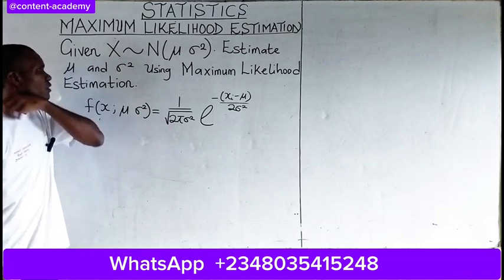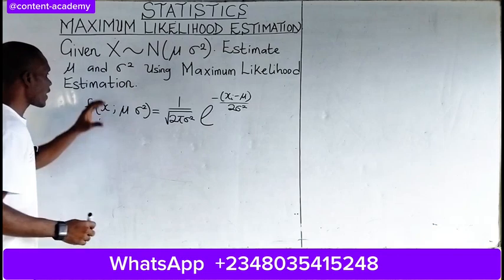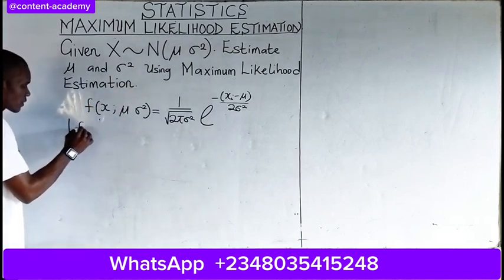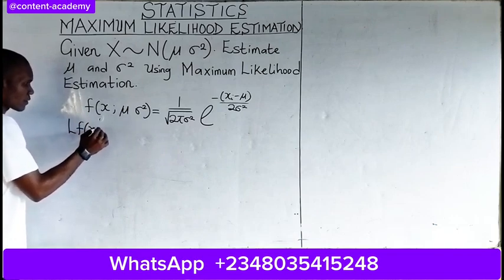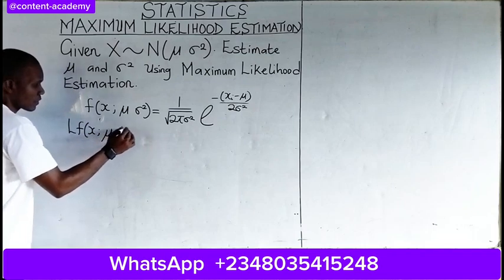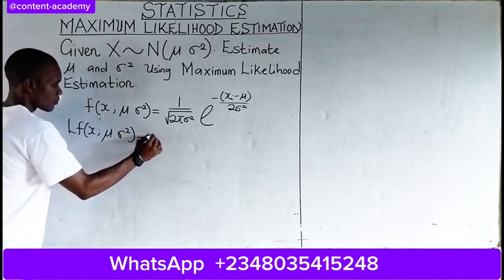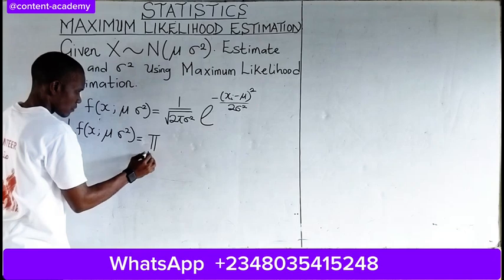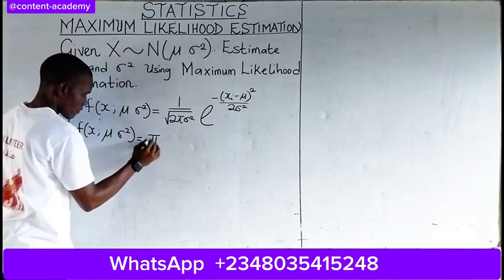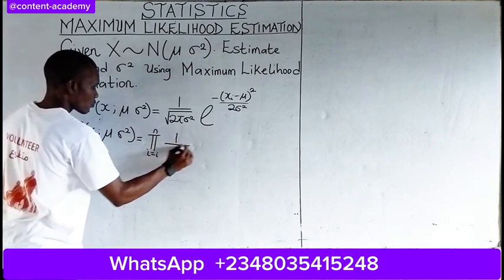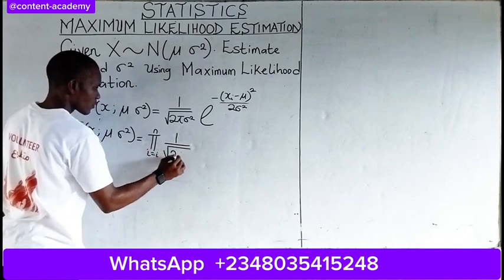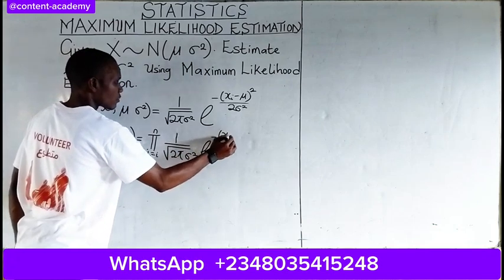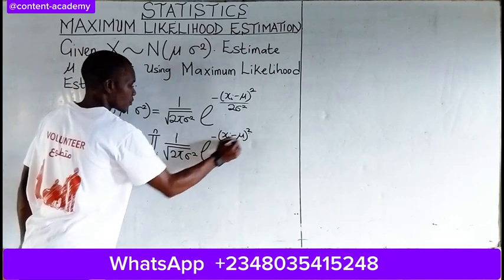What do we do? The first thing to do is to take the likelihood function, which is the product of the function. So we are now taking the likelihood function, or the product of this normal distribution.